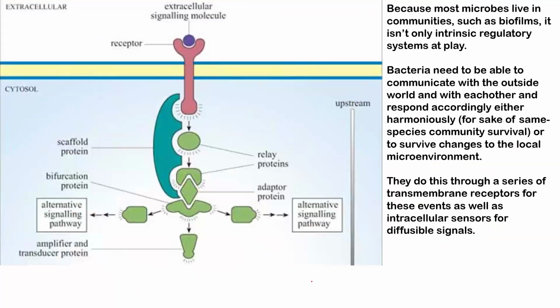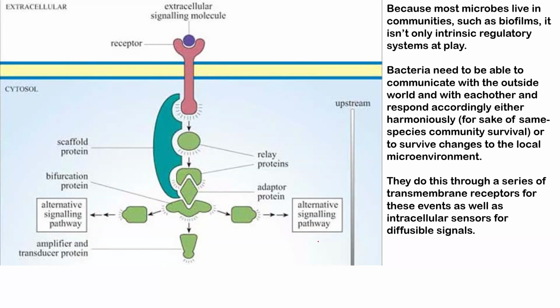Now, most of these sensors and ways that bacteria, especially, but also eukaryotes for that matter, can interface with the environment, there has to be a way to harmoniously respond to changes in the environment, in both the nutrients and the signaling molecules and the environment itself, as well as the health of the cell physiologically inside of the cell.